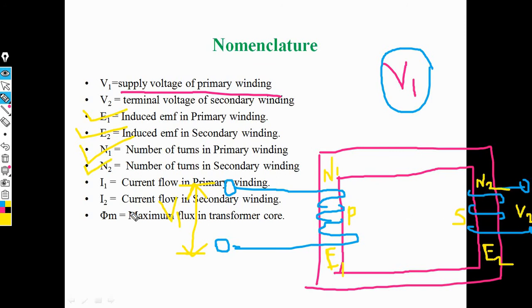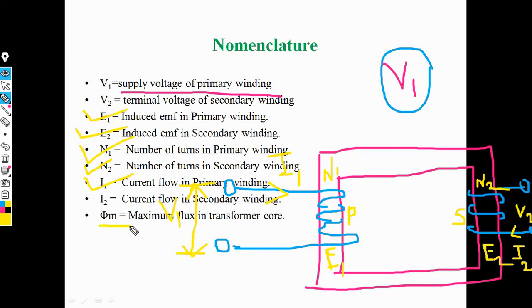Then the current flowing in the primary winding is I1, and the current flowing in the secondary winding is I2.